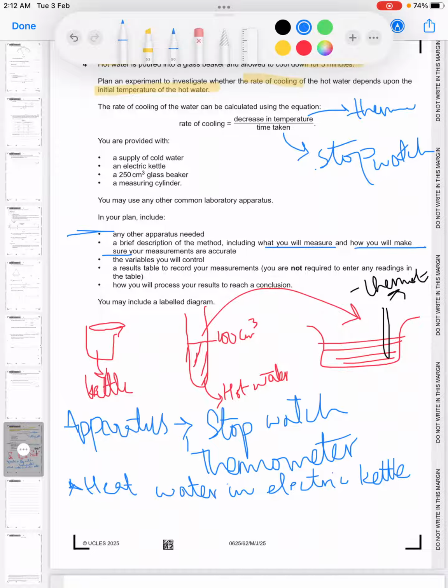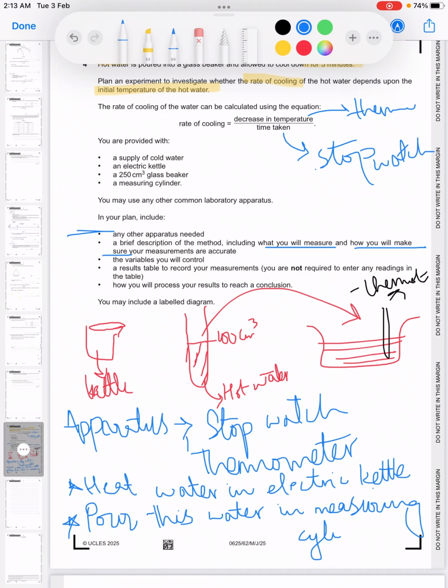Pour this water into the measuring cylinder.